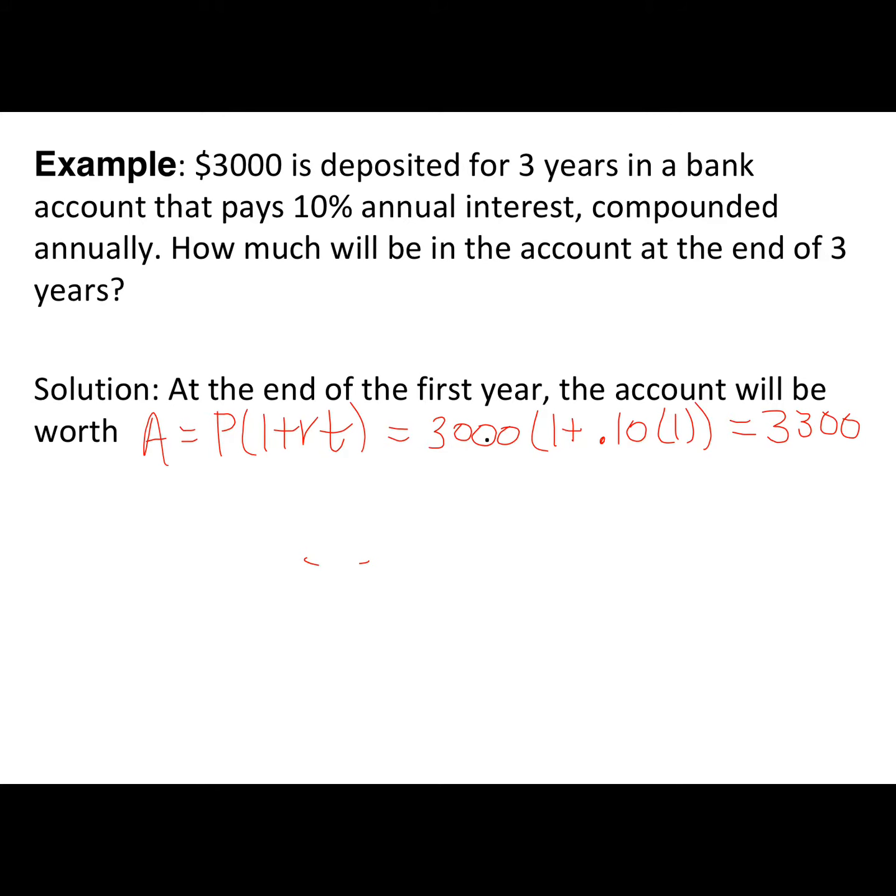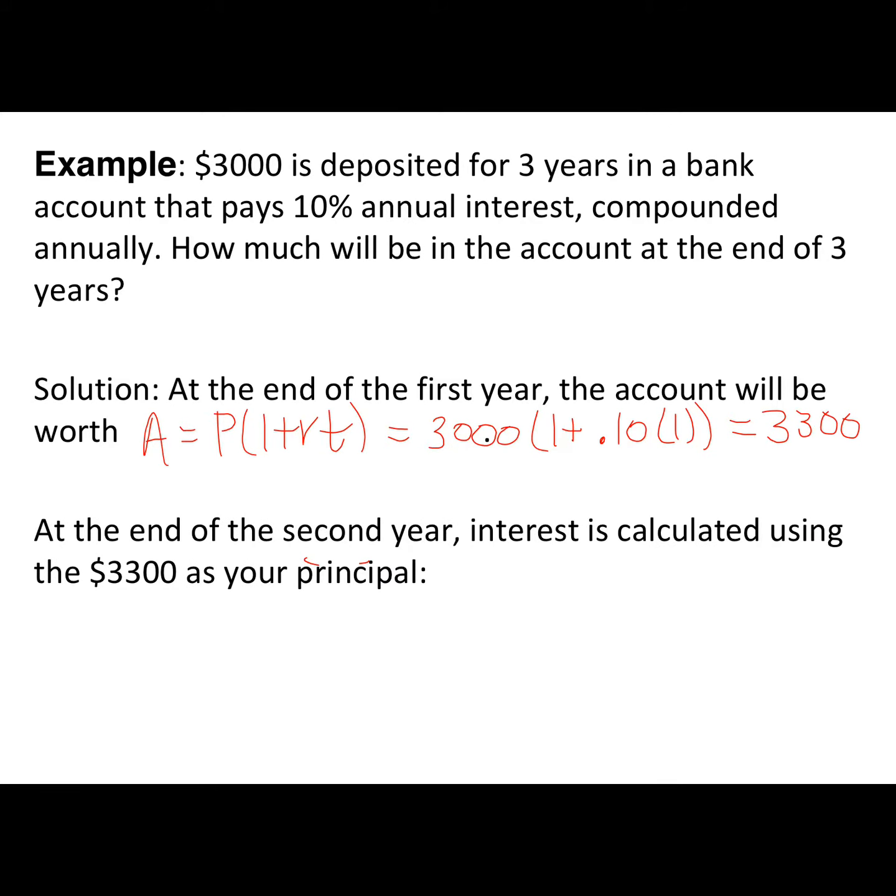Okay, now at the next compounding period, I get to earn interest on that extra 300. So I'm going to use the 3,300 as my principal. So now the amount in the account will be 3,300 times (1 plus 0.10 times 1). Again, it's been 1 more year.